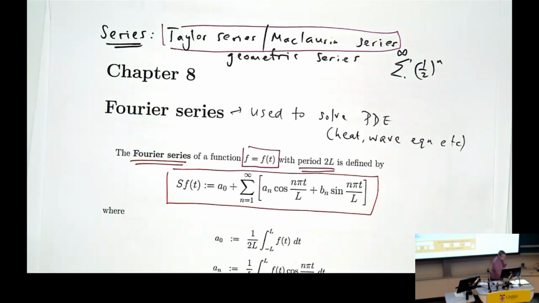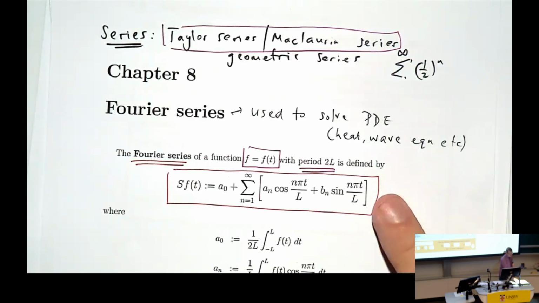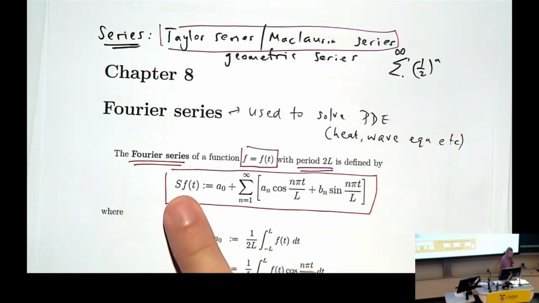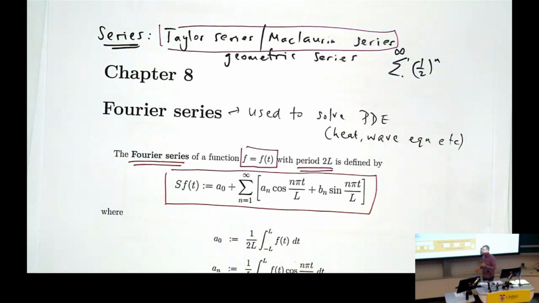All right, so that is a beast, okay? What does the S mean? I guess sum or something, right? Do you need to remember that for the exam? No. It will be given to you. Okay, so you don't need to know it. So what's the A naught, the AN and the BN? They are numbers, okay?